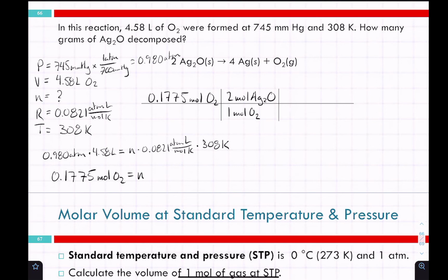And then we need the molar mass of silver oxide, which I will trust that you can calculate. All right, it's 231.735 grams over 1 mole. So then we take our moles of oxygen, multiply by 2, multiply by 231.735. We get 82.3 grams of silver oxide.